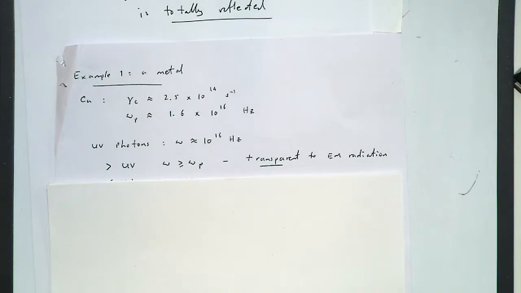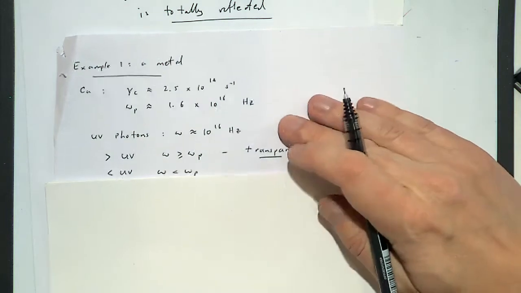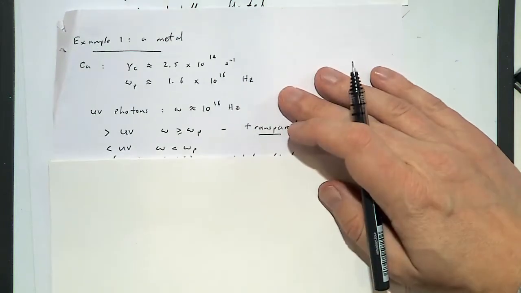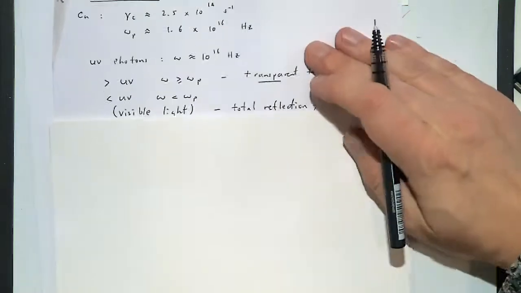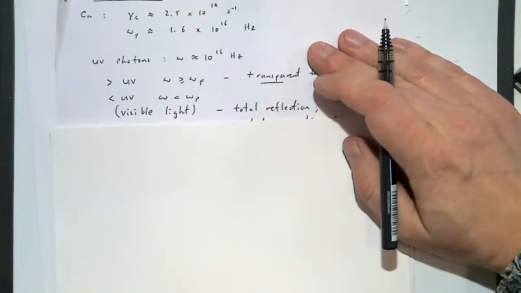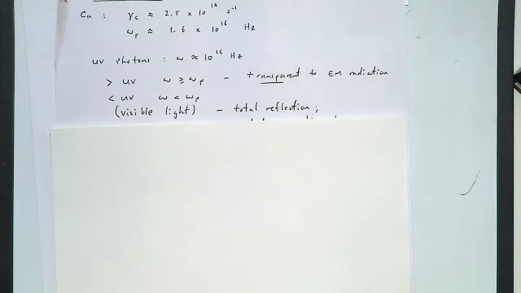Seems a little counterintuitive. Okay. If I have frequencies which are below that, then those are reflected. Okay. So visible light should be completely reflected from the metal. Okay. This is why metals are shiny.